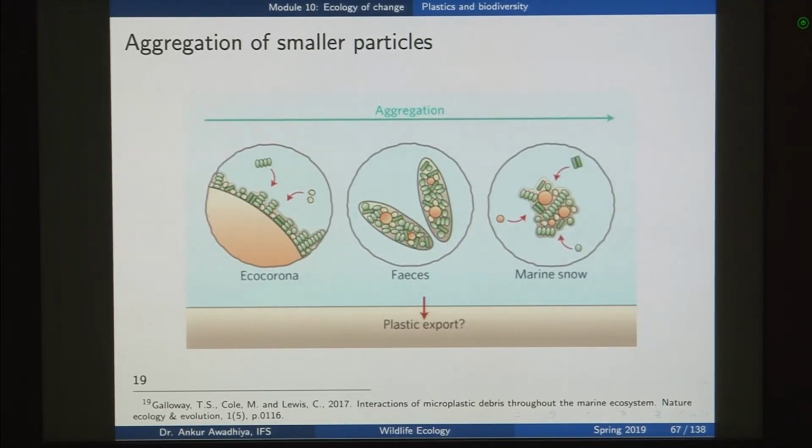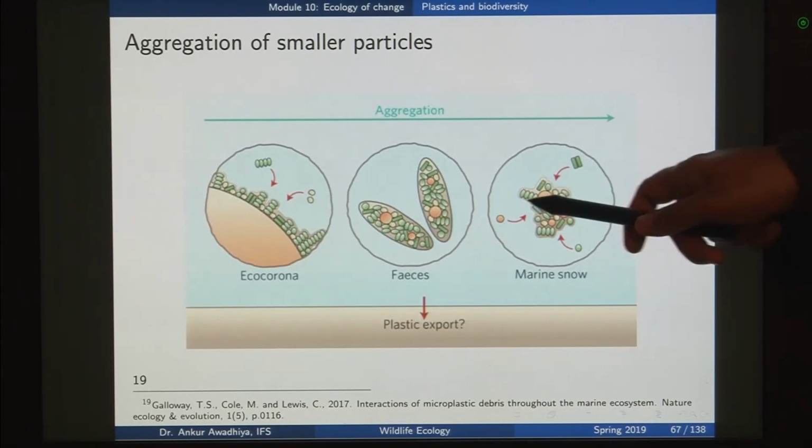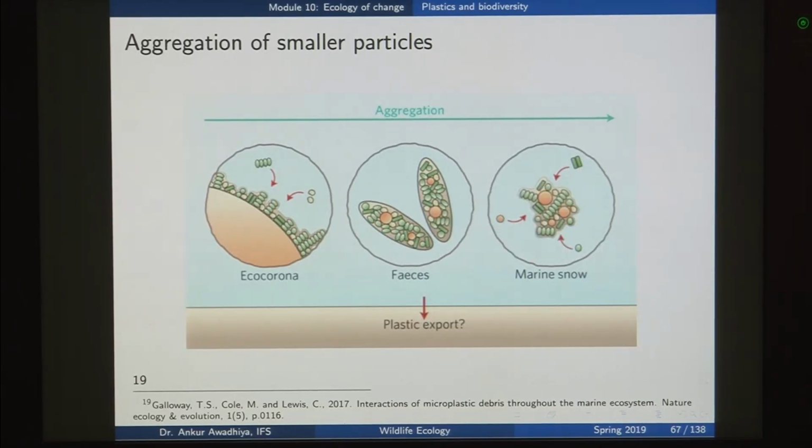So, in this process, what we are observing is that in the case of a small piece of micro debris, it might remain on the top surface of the oceans, but then because it is able to associate with already existing particles and with the feces of organisms, it is also able to reach down. So, even the microplastics or the micro debris are able to reach to the bottom of the oceans.